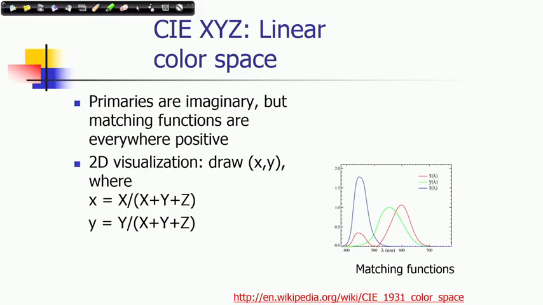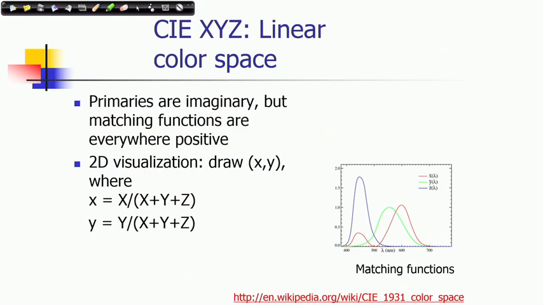Now, one representation of color you can consider is a two-dimensional representation. Using Grassmann's law, if I scale the vector, you will still get the same sensation of the color, only its intensity changes.